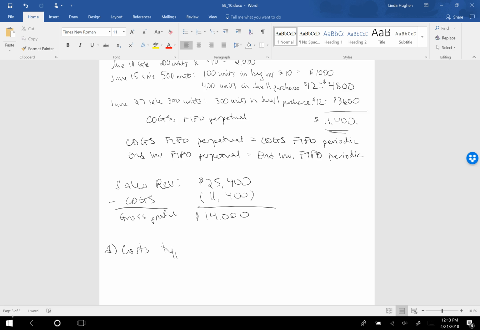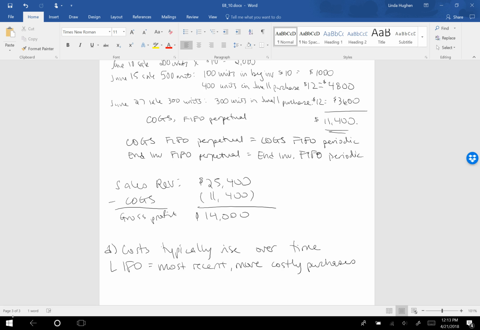Costs typically rise over time. LIFO says that the most recent or more costly purchases are where? In ending inventory or in cost of goods sold?